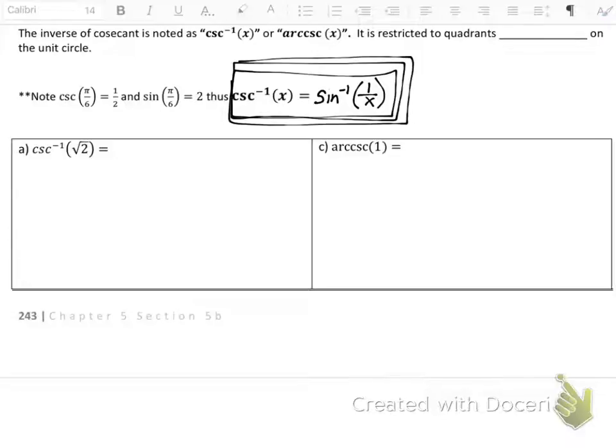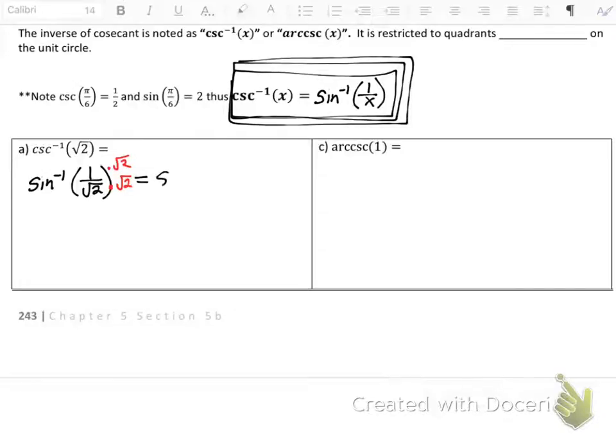So an example of this, if I have cosecant inverse of square root of 2, I could just rewrite it as sine inverse of 1 over square root of 2. Well, our unit circle doesn't have square root of 2's or anything on the bottom, so we're going to multiply the top and bottom by square root of 2.